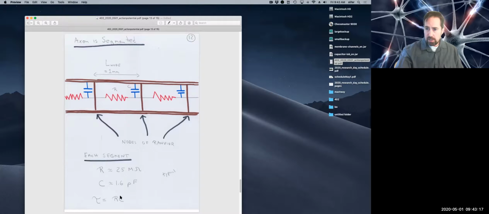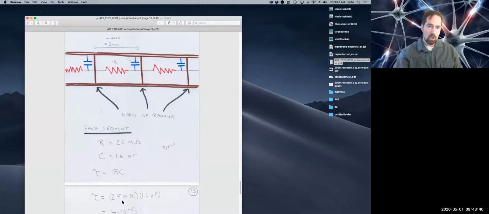But they're a resistance and a capacitance, and they're going to charge and discharge in a characteristic time given by our simple RC circuit rule, which is that tau, the time constant of this system, is just resistance times capacitance. Tau equals RC.